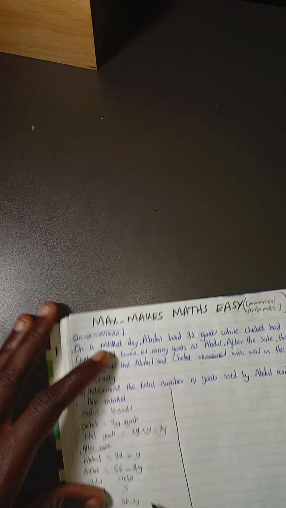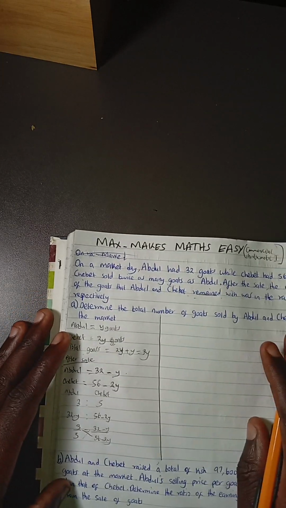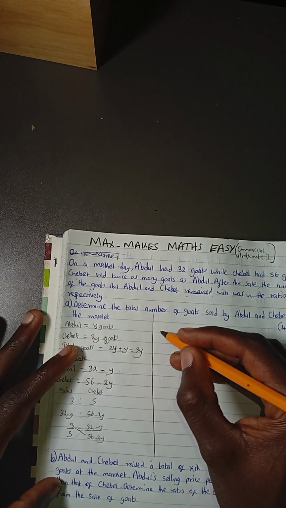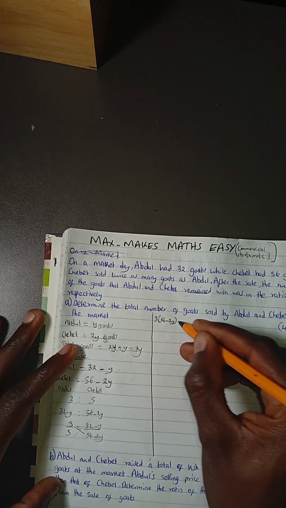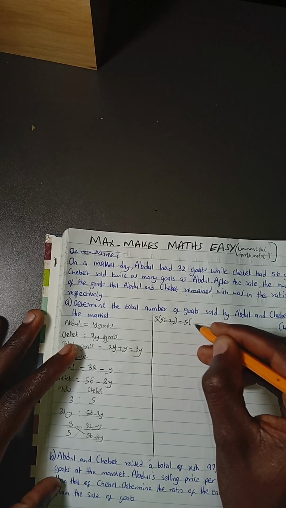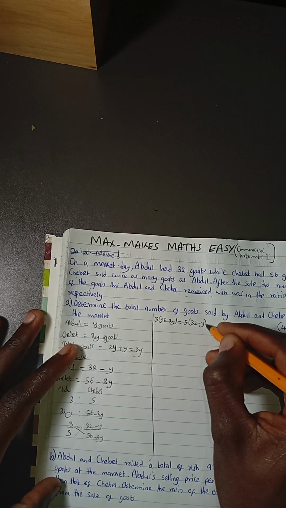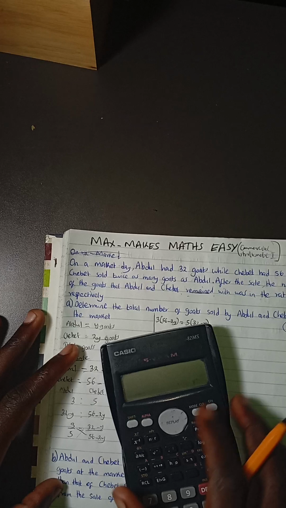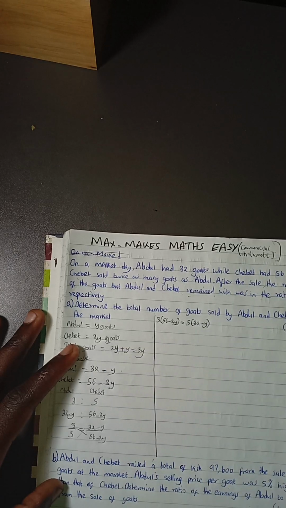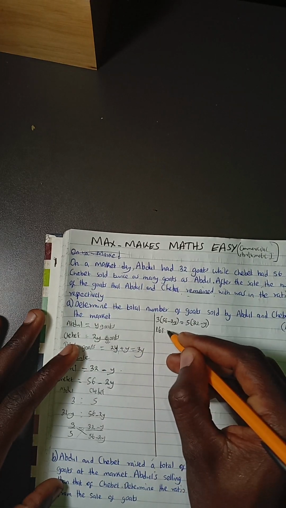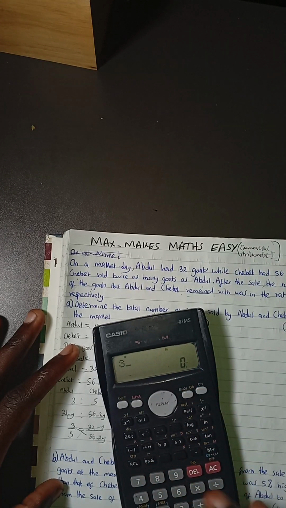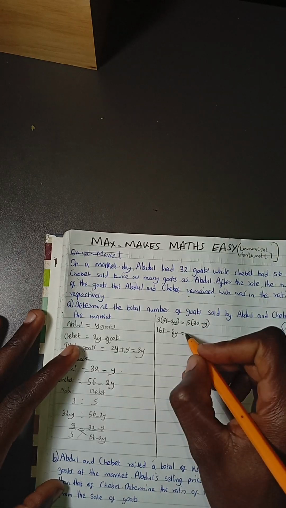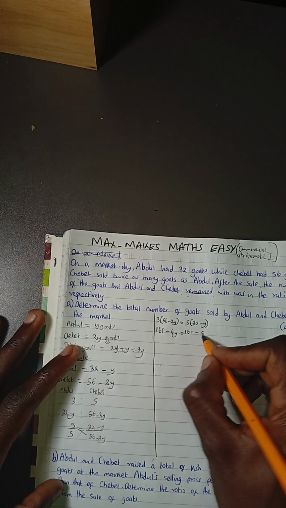Cross multiplying, we find that 3 multiplied by (56 minus 2Y) is equal to 5 multiplied by (32 minus Y). That becomes 168 minus 6Y is equal to 32 times 5, that is 160, minus 5Y.